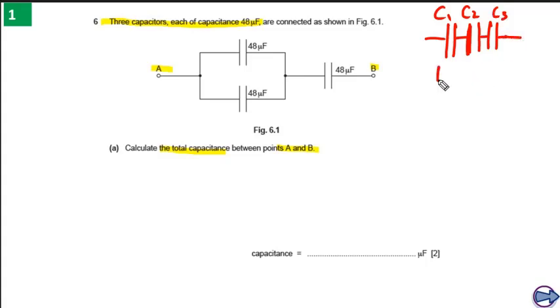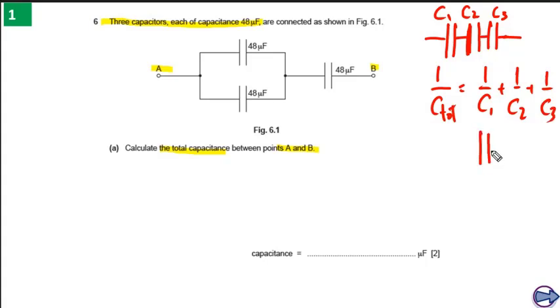So the total capacitance simply is equal to 1 over C total, and this will be equal to 1 over C1 plus 1 over C2 plus 1 over C3. So this is how we can find if we have only two capacitors. Let's say we have set up like this, only two capacitors. If they are connected in series, let's say we have capacitor C1 and here is a capacitor C2.